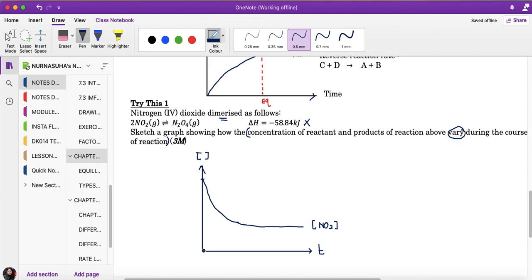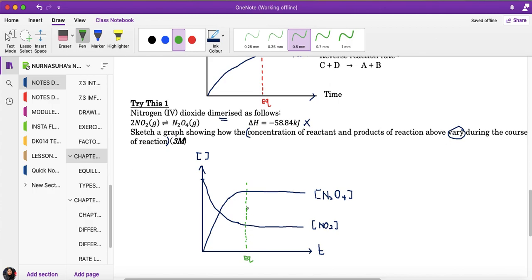So dia start daripada kosong lah. Okay, makin lama makin bertambah. Okay, sampai satu tahap dia jadi constant. So you label your product which is N2O4. Okay, dah habis lagi. Don't forget to find where the concentration become constant. Label equilibrium.